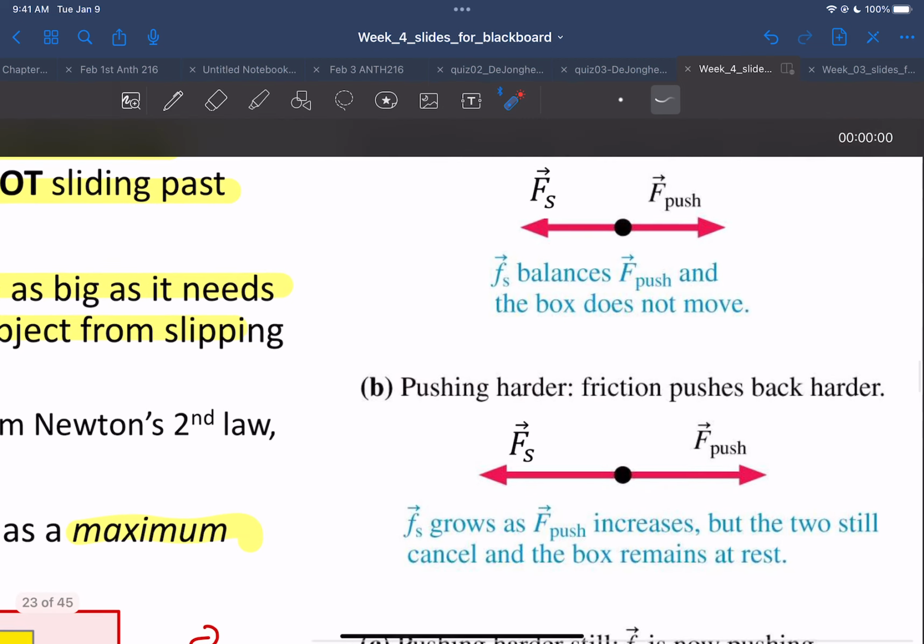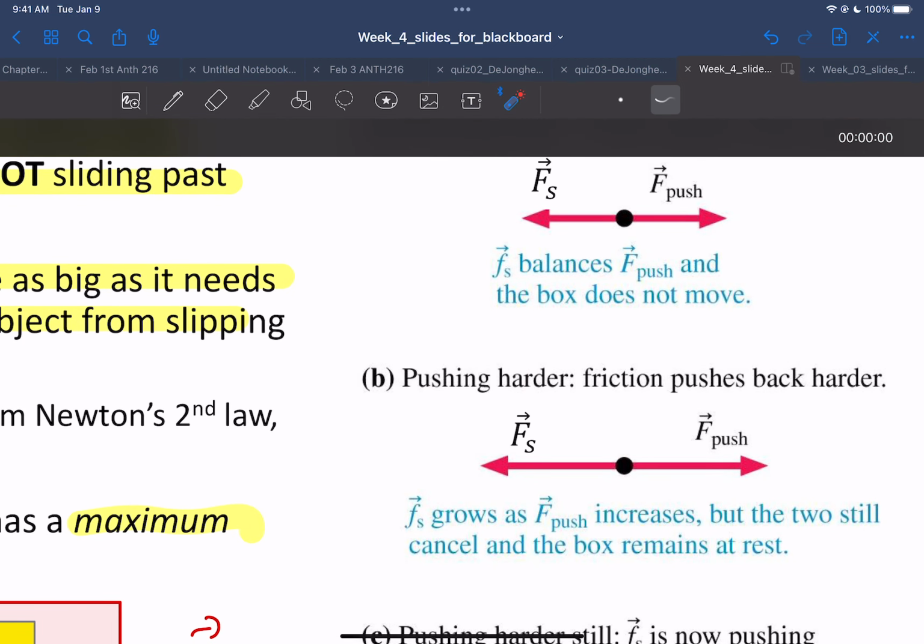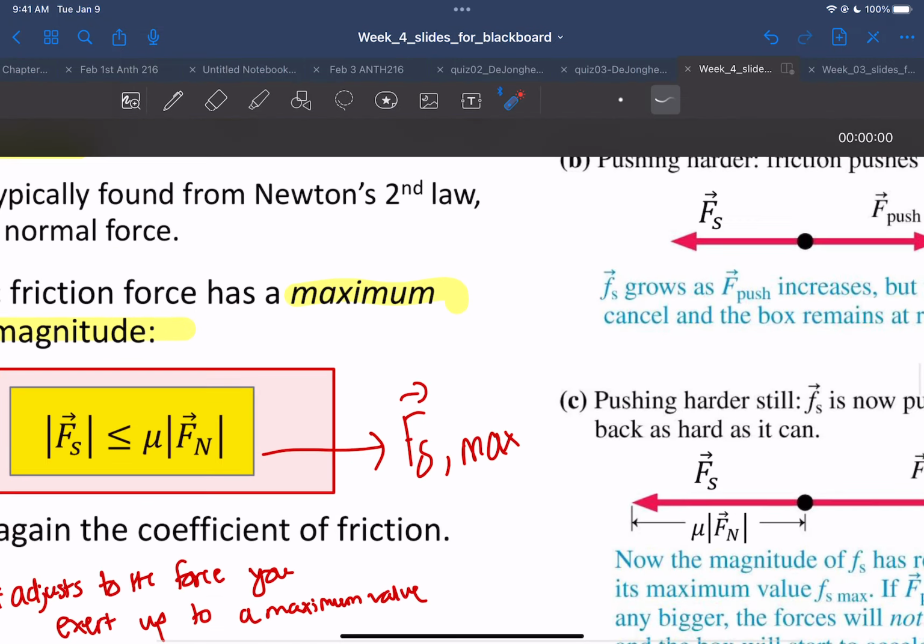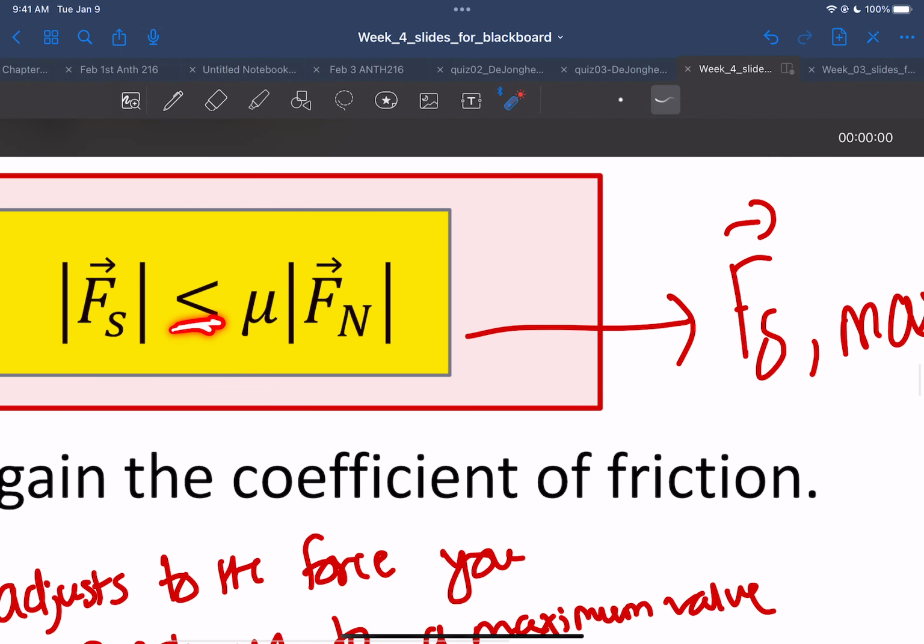We could have it where there's absolutely no static friction force whatsoever, zero, if there's nothing acting on the object, right? Or it can steadily increase the more you push on it, up to when it's equal to the coefficient of friction times the normal force of the object itself, right? So it could be 0, it could be 100, it could be 200, or it could be the very maximum.